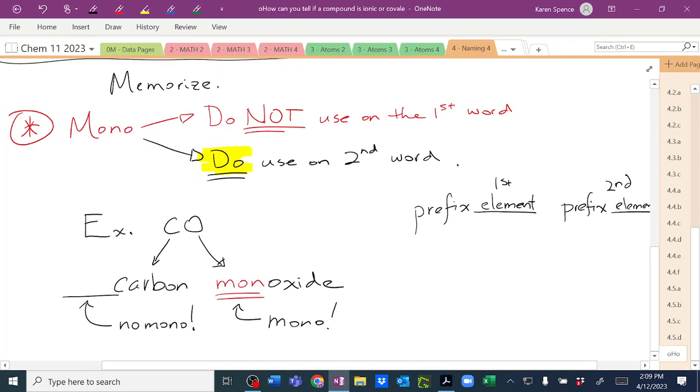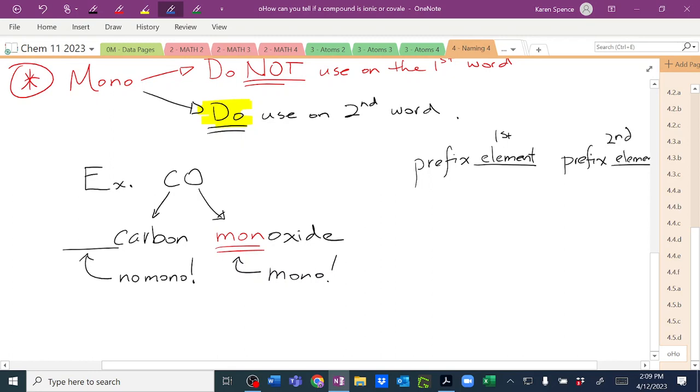mon, yes? And that brings up our second slightly weird point, and that is that we drop the letters O and A before oxygen or oxide.